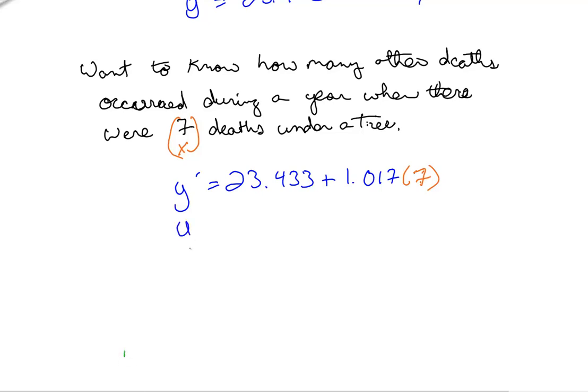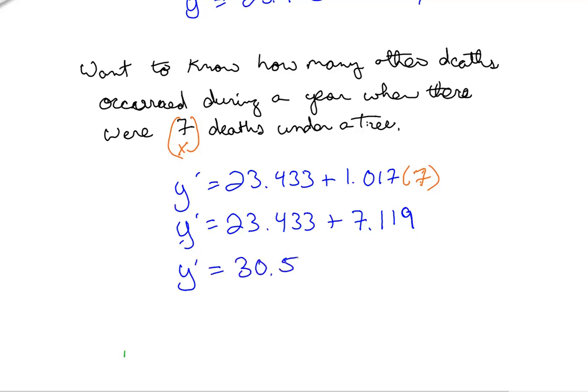So I get y prime is equal to 23 and 433 thousandths. And if I take 7 times 1 and 17 thousandths, I'm going to get 7 and 119 thousandths. And then I'm going to add the 23 and 433 thousandths, and I will get 30 and 552 thousandths.